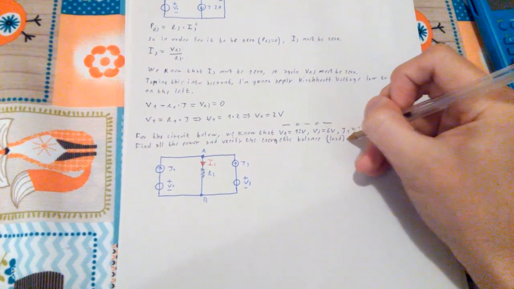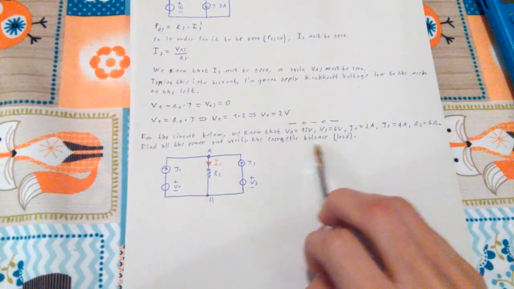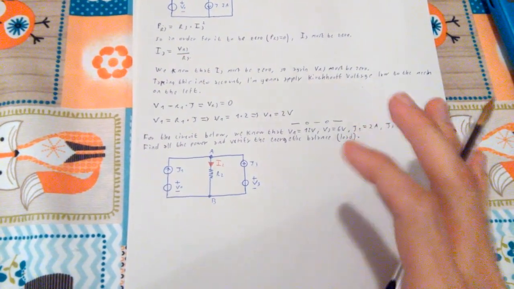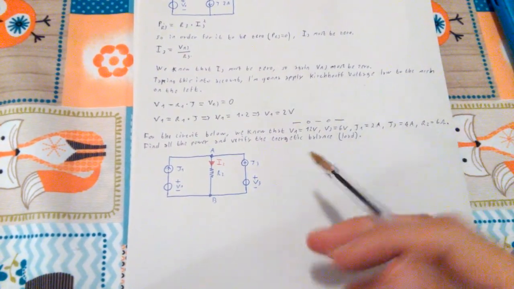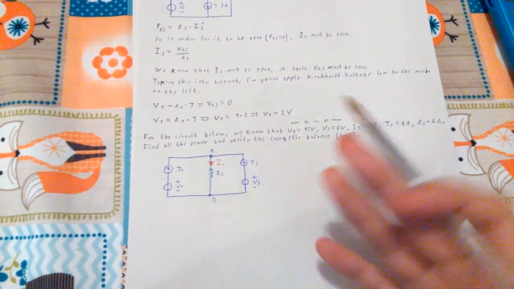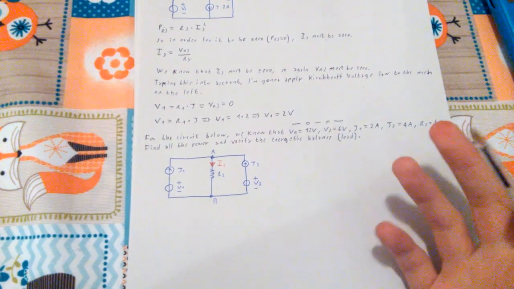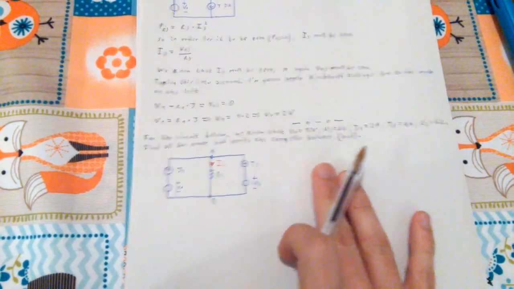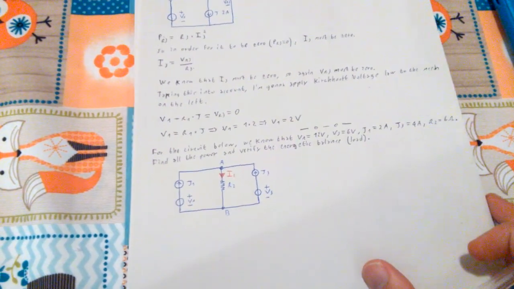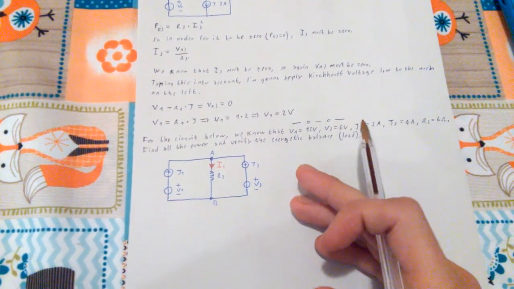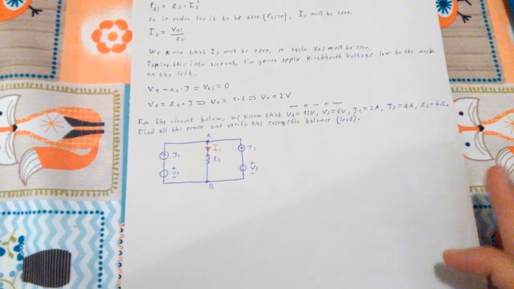So basically the energetic balance is about whether the generated powers are more or less than the absorbed power, but essentially those are going to be equal. So we basically got to verify and demonstrate that those two are equal.